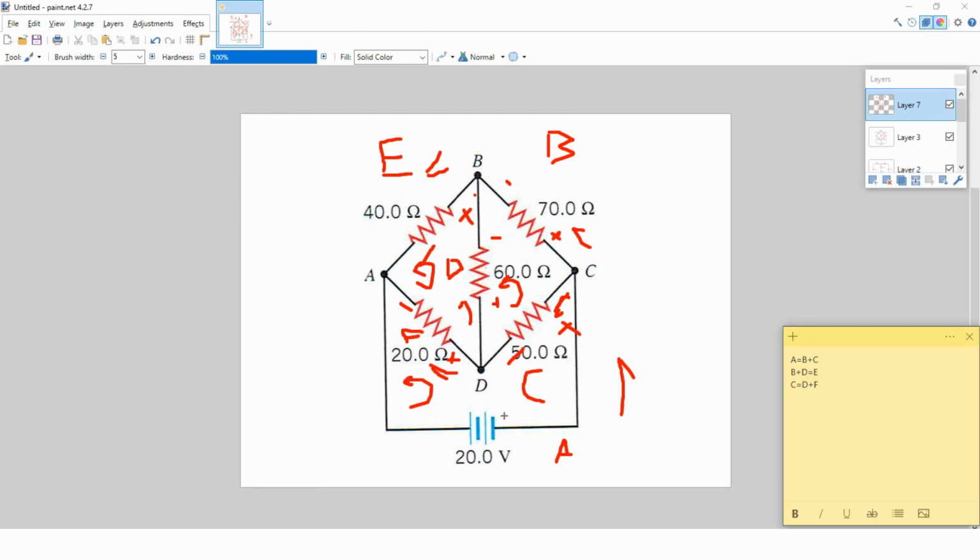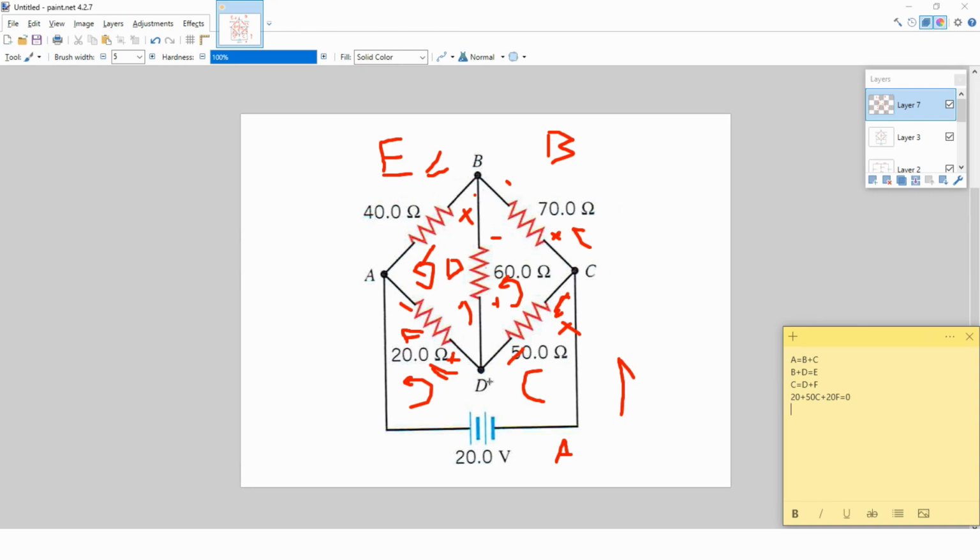Let's do some analysis. We have this going in. So this is a plus, this is a minus, so 20 is a decrease. Plus minus, plus minus. So these are all increases, so that's plus 50C plus 20F is equal to 0.